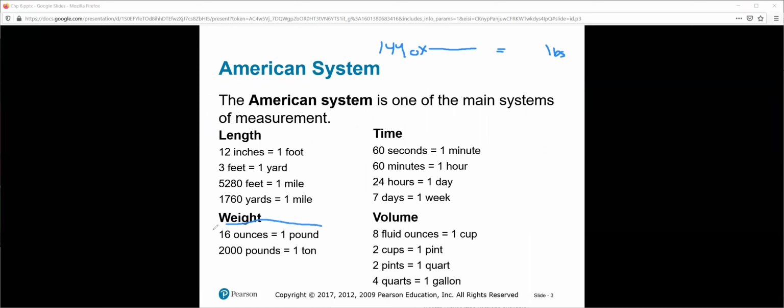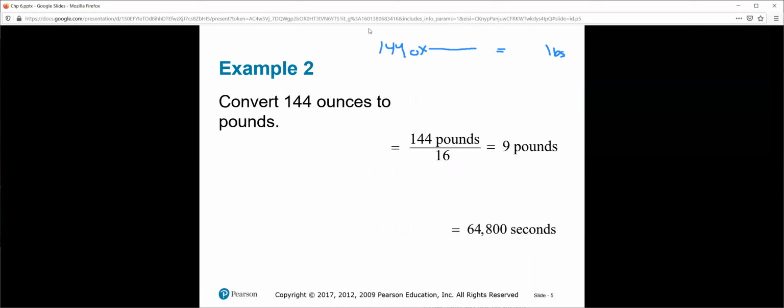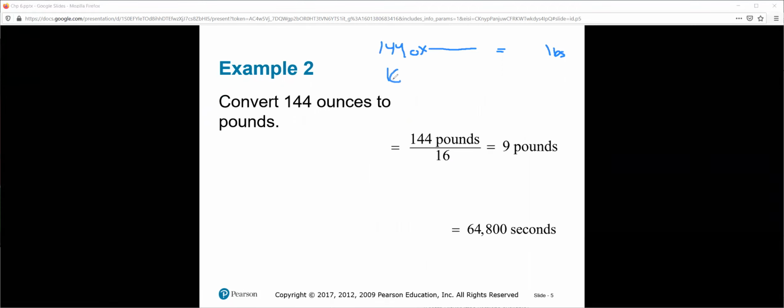Hey, look at that. There are 16 ounces in 1 pound. Sweet. Let's use that. And let's say 16 ounces equals 1 pound.